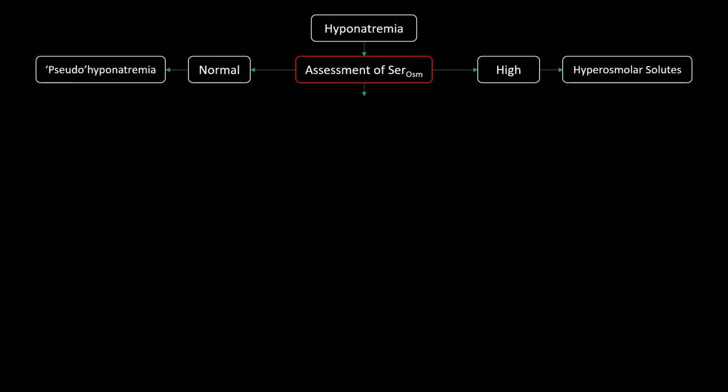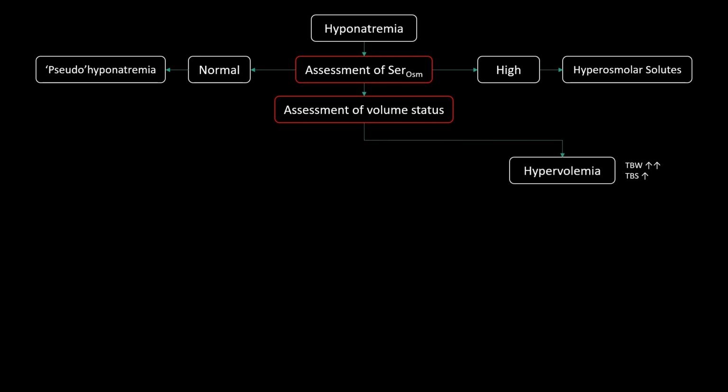So after the first step of measurement of plasma osmolality is confirmed, the second step, we just learned, is assessment of volume status, because hyponatremia can be classified as hypervolemic, hypovolemic, and euvolemic. So if there are pointers towards the presence of hypervolemic hyponatremia, which means there is predominant accumulation of water, fluid retention in the body, congestive cardiac failure, cirrhosis, nephrotic syndrome, renal failure.